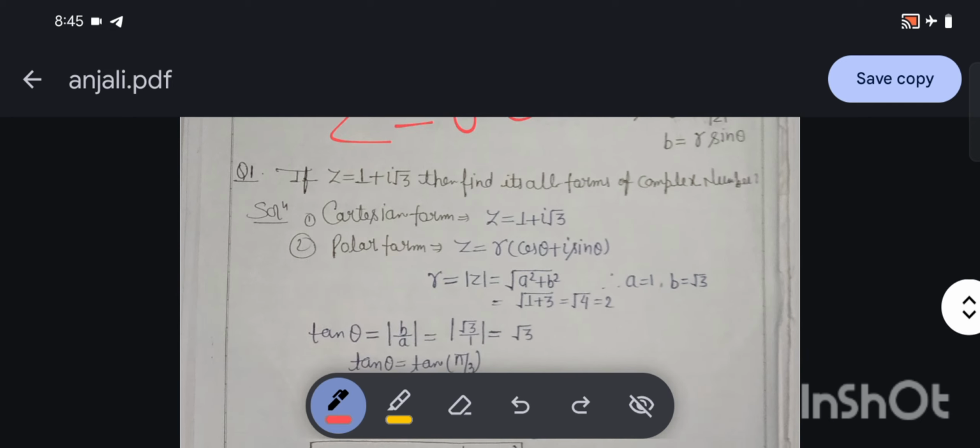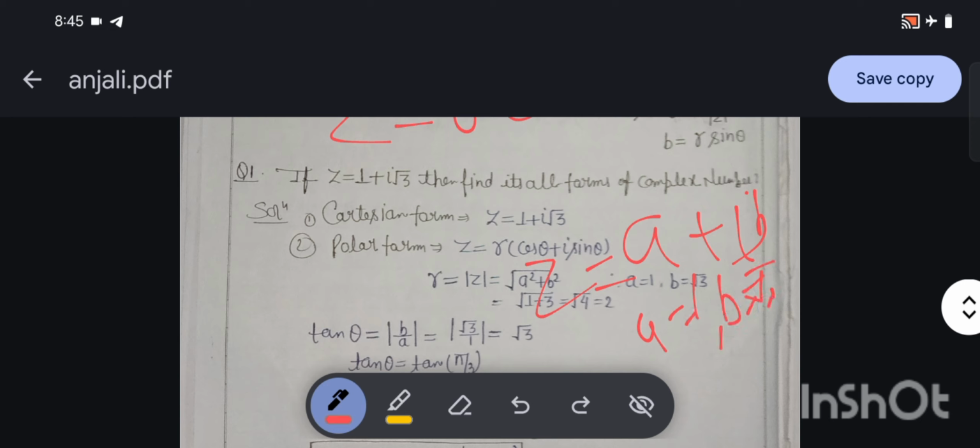So your first question is, if z is equal to 1 plus iota root 3, then find all forms of complex number. You will have to find out Cartesian form, polar form, and Euler's form. Okay, so we know very well the equation of Cartesian form: z is equal to a plus iota b. You have been given the value of a, 1, and the value of b, root 3.